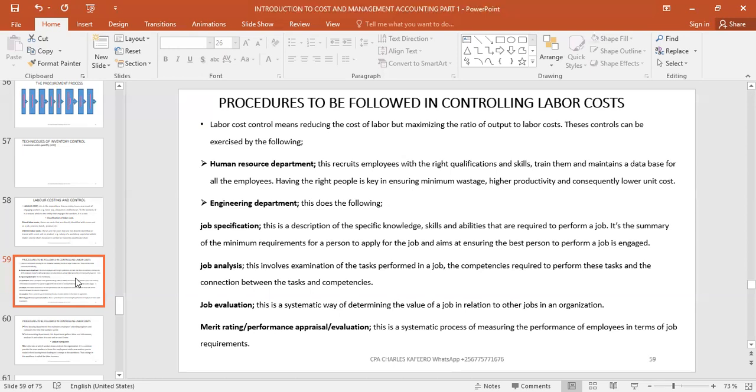The last one is merit rating, or performance appraisal. This one is always done by the supervisors and the HR department. They are the ones responsible to check, as per the job description, that in this job you are going to be doing this and this, and we see what the output is, what you have been doing with regard to your job responsibilities.